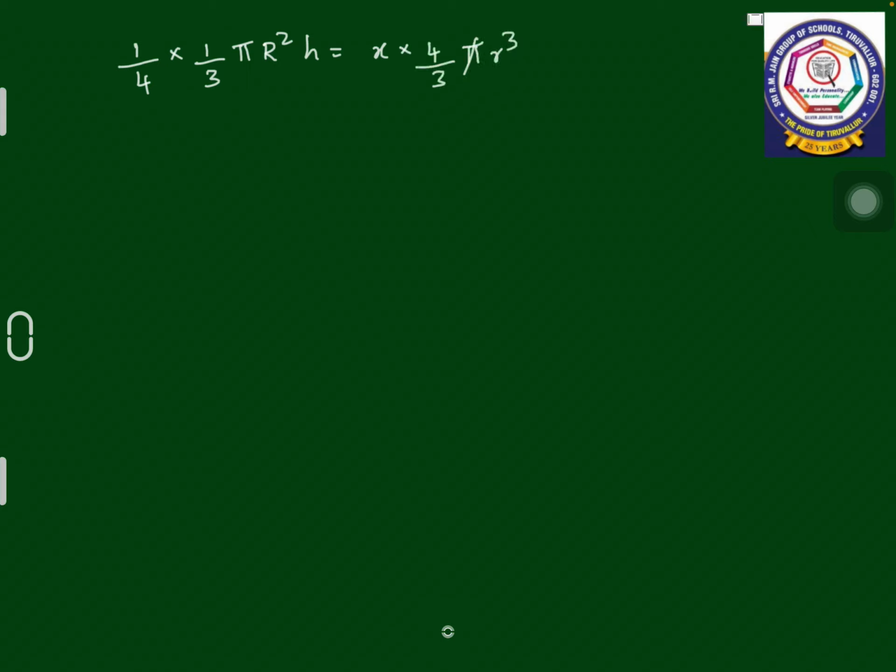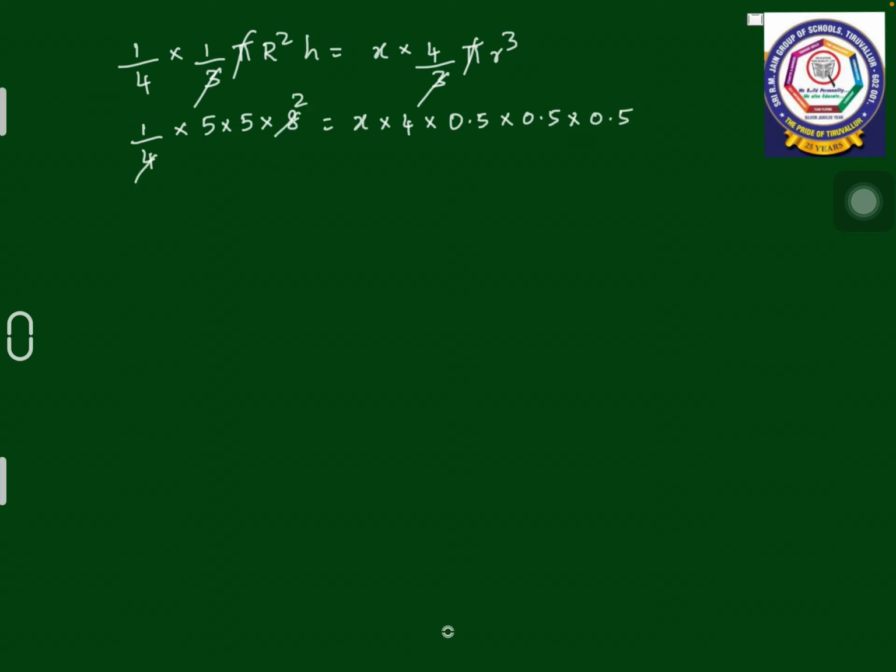The pi can be cancelled on either side, and the 3 in the denominator can be cancelled. So it is 1/4 into the radius of the cone, which is given as 5, so 5 into 5, into the height of the cone, 8, is equal to x into 4 into the radius of the sphere, that is the lead shot, 0.5, cubed. So 0.5 into 0.5 into 0.5.